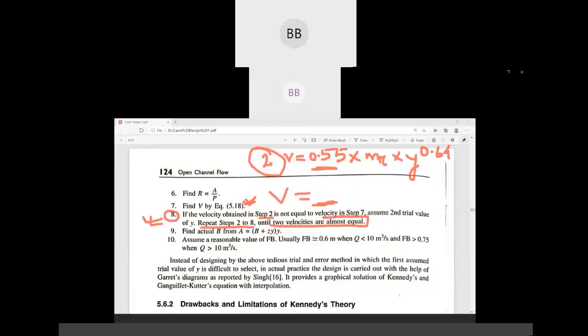We use computers or numerical methods to solve such kinds of problems.